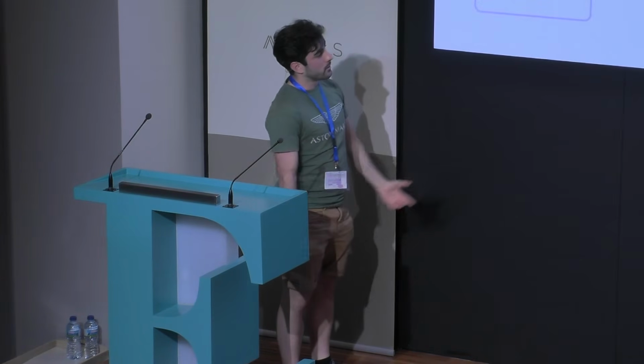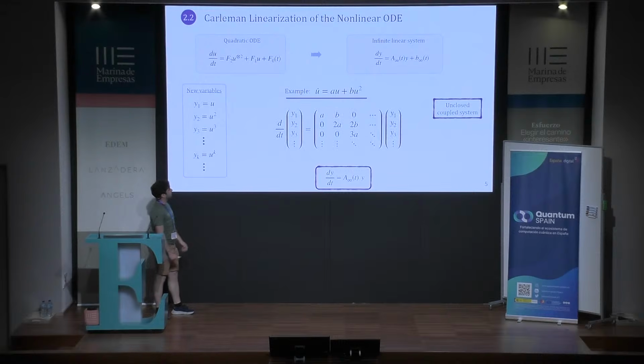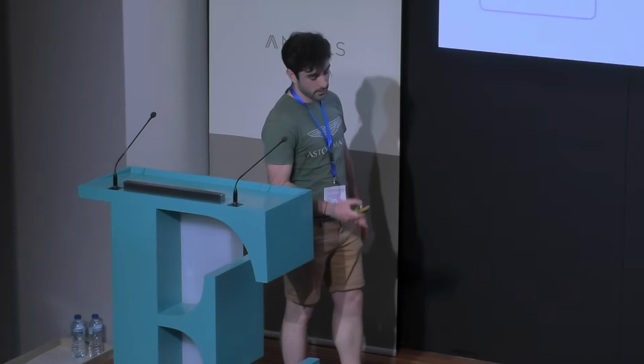We end up with an infinite system of coupled equations, represented by the matrix A, which in this example has this form. So we have replaced the nonlinear part by an infinite system of equations, but now linear.